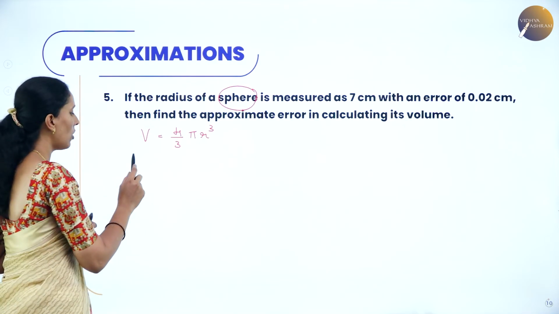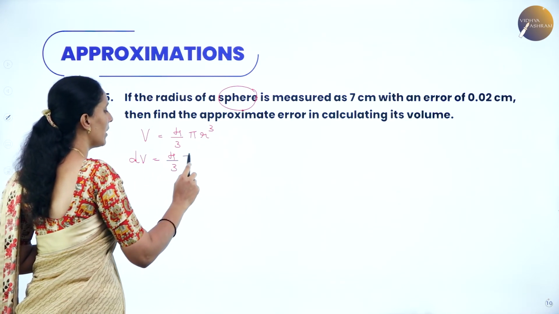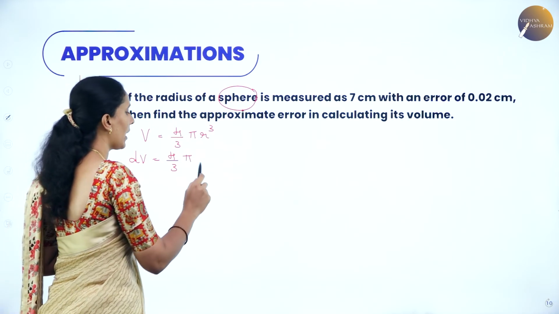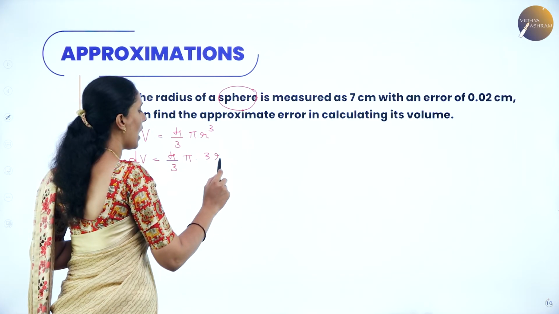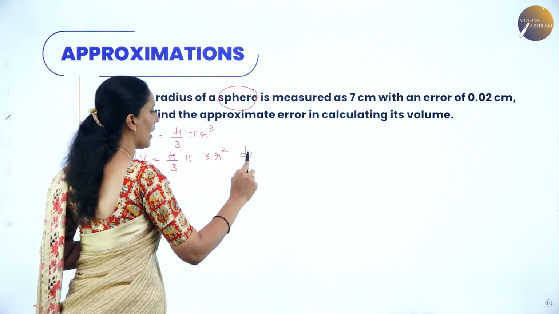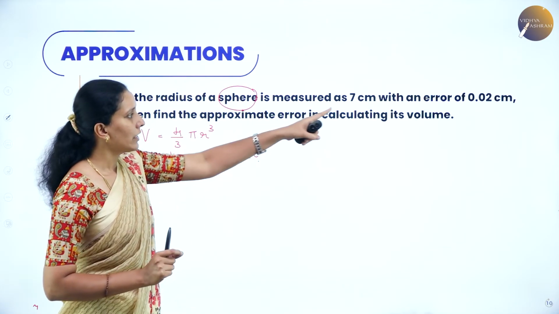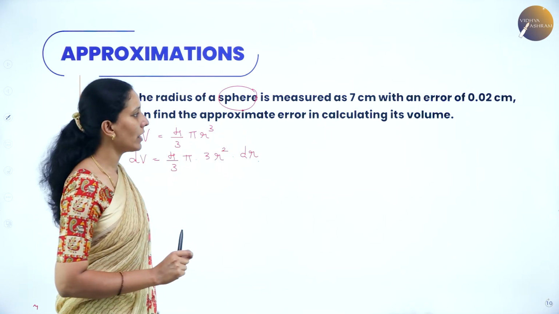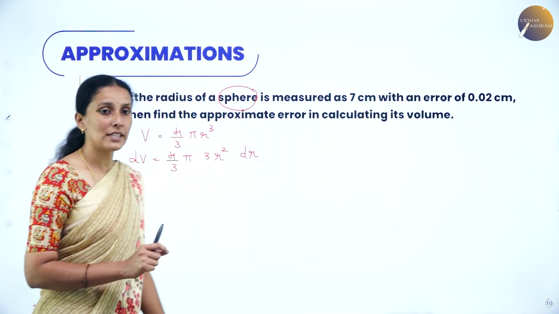Now the change in volume dV is equal to 4 by 3 pi times 3r square into dr. Here dr is nothing but the change in radius, and that error in radius is given as 0.02, and the radius is given as 7 cm.